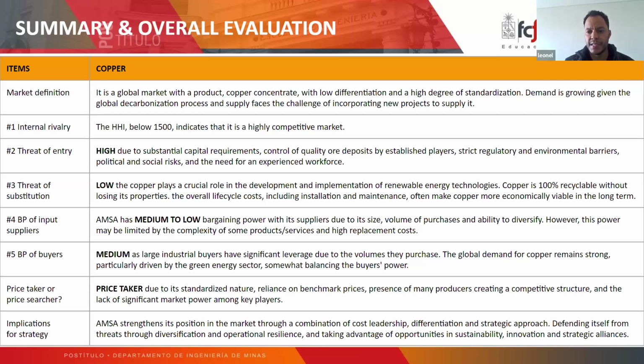However, as demand is expected to continue growing because of the green energy sector, this is balancing the buyer power. In terms of price taker or price searcher, this is a standard. We consider this price taker due to the standardized nature, reliance on benchmark prices, and the presence of many producers that are creating a very competitive structure.